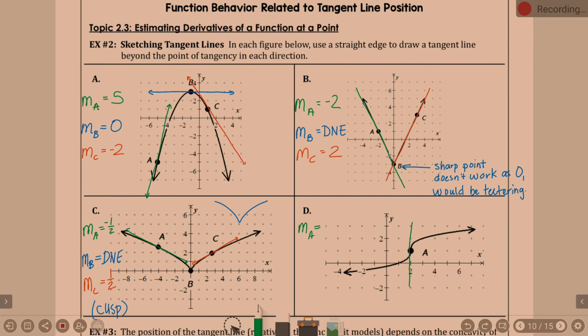Undefined is more the calculus term, but we're going to use D and E because the idea is that it is not differentiable. Okay, and here I'm going to say the derivative cannot exist when the tangent is vertical.